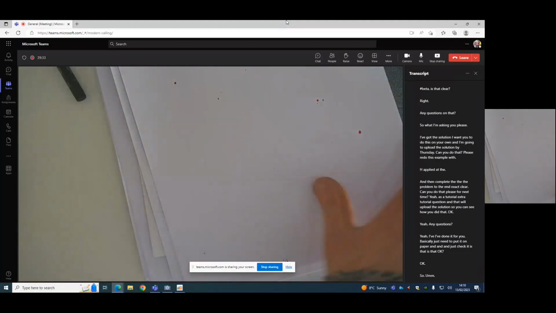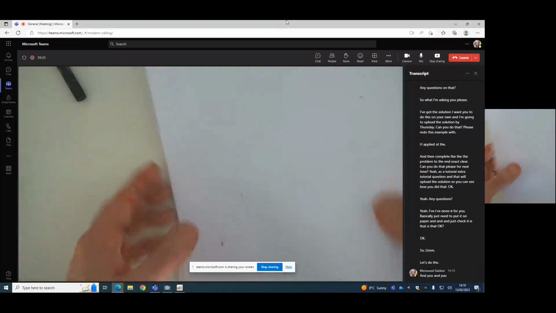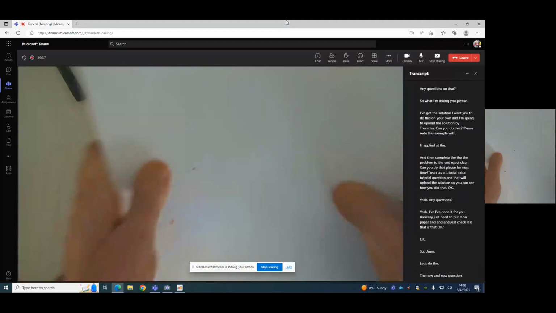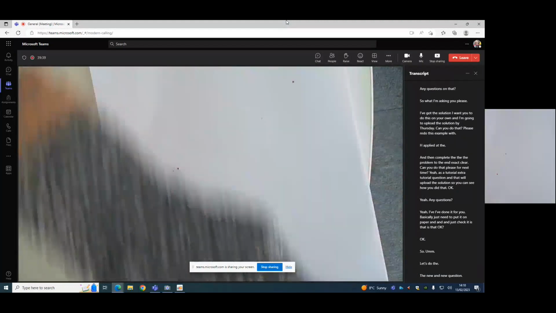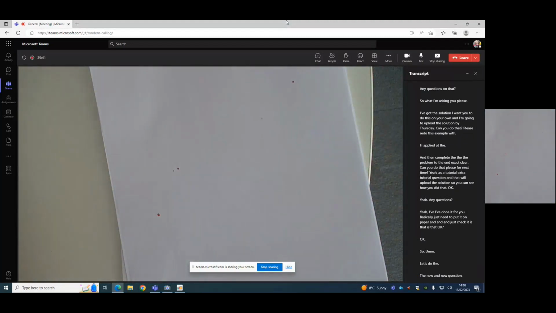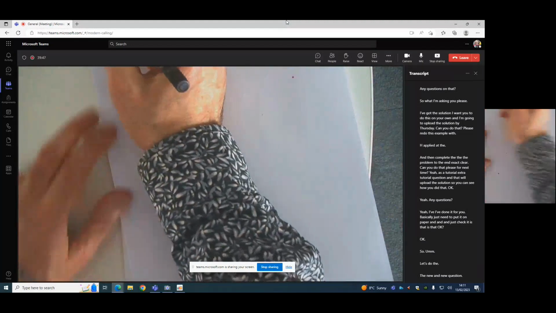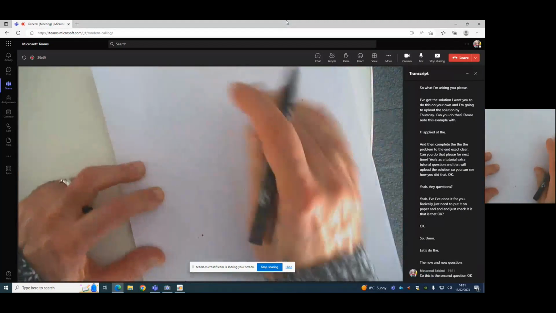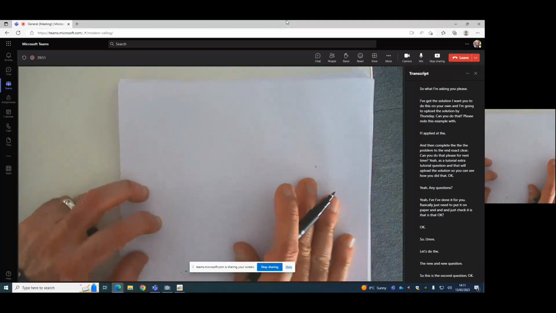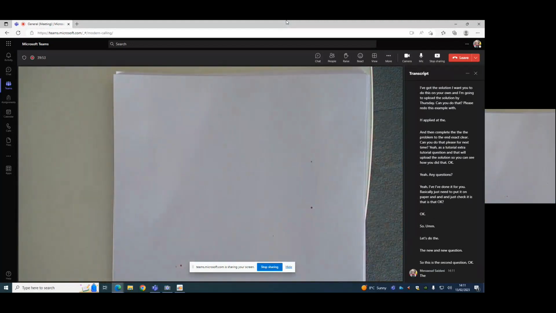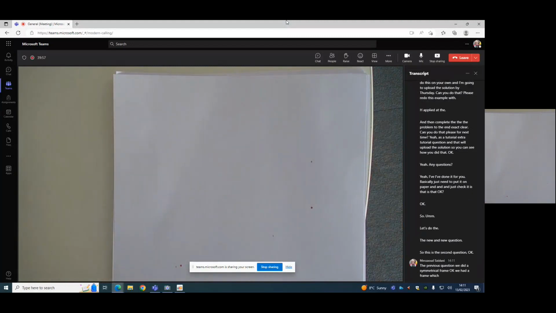Let's do the new question. So this is the second question, okay? In the previous question, we did a symmetrical frame. We had a frame whose geometry was symmetrical.